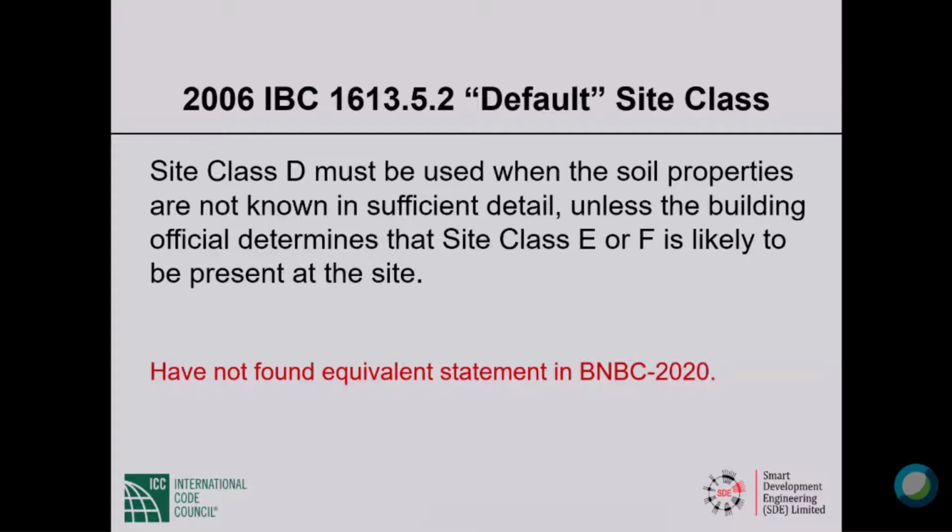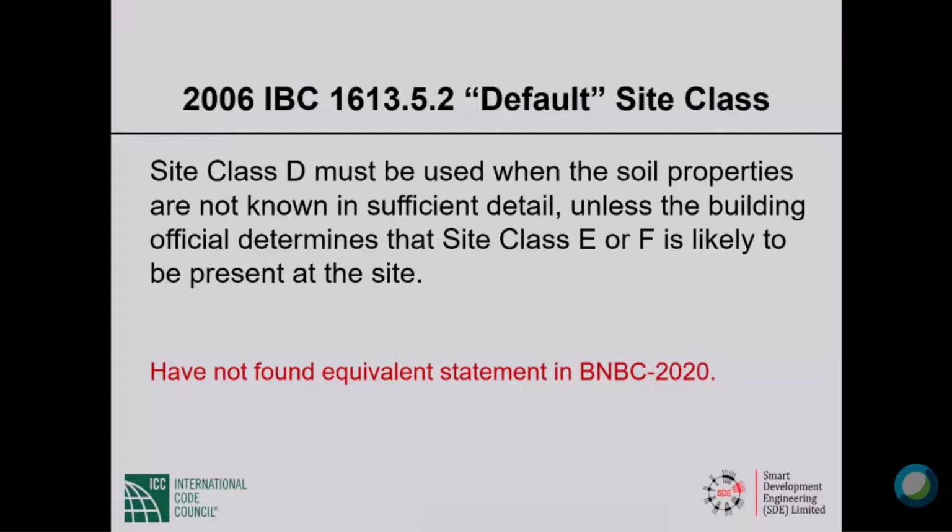Okay, so back in the days of 2006 IBC, this was the language in the code. Site class D must be used when the soil properties are not known in sufficient detail, unless the building official determines that site class C or F is likely to be present at the site. This is very important because in order to establish your site class, you have to have soil property measurement over the top 30 meters or 100 feet of your site.